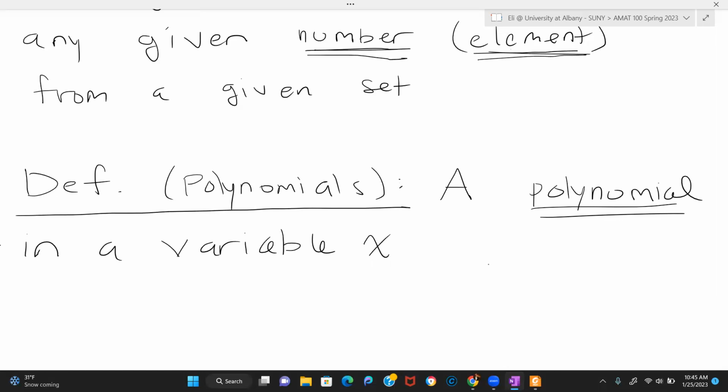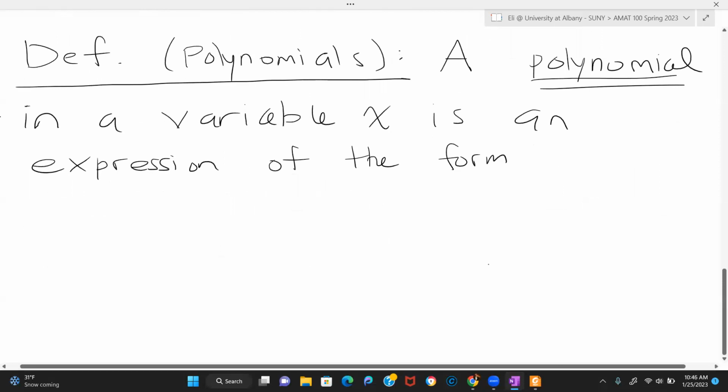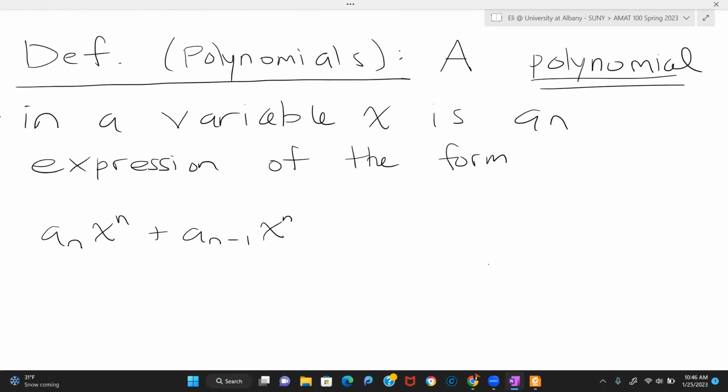So a polynomial in a variable x is an expression, so an algebraic expression of the form a_n x^n plus a_(n-1) x^(n-1).